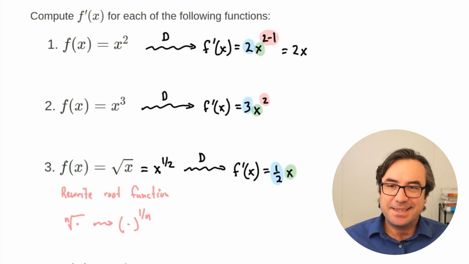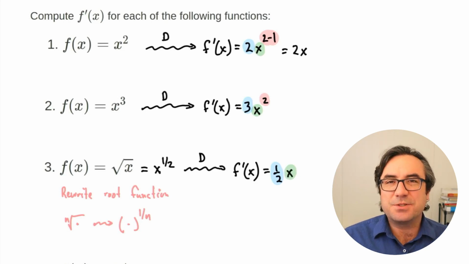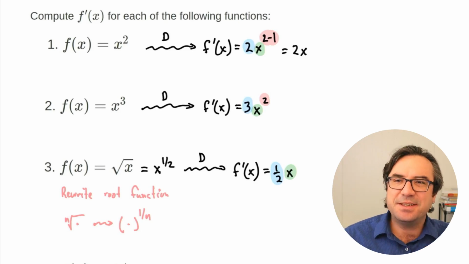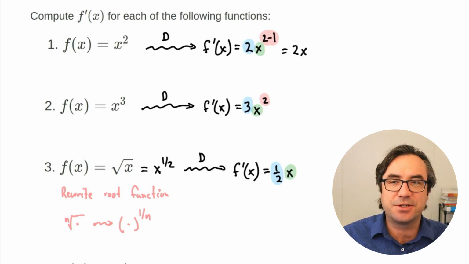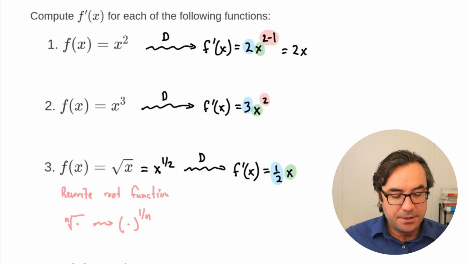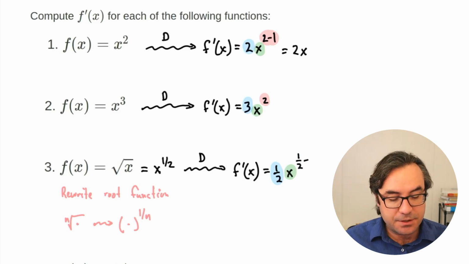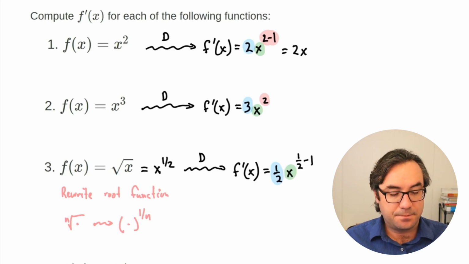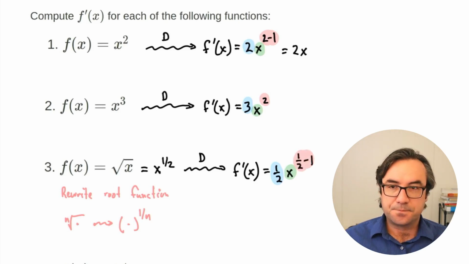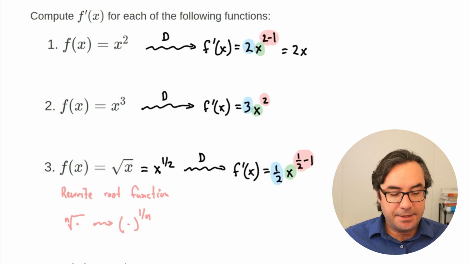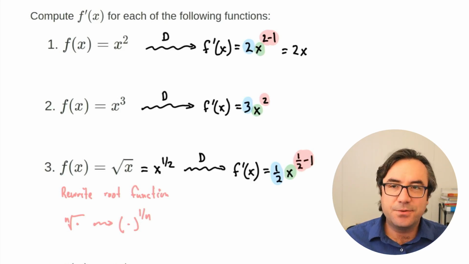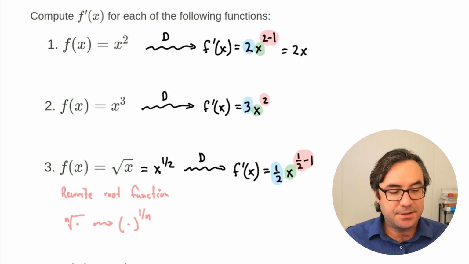And this is where, once we get to fractional exponents, at least at first, it doesn't hurt to actually write that -1 step. So we take our old exponent, which was 1/2, and we're going to subtract 1. And if we do 1/2 minus 1, again, if you want to do this off to the side, doesn't hurt.